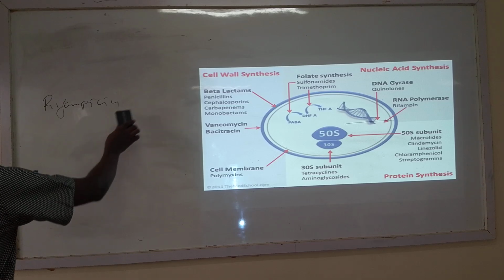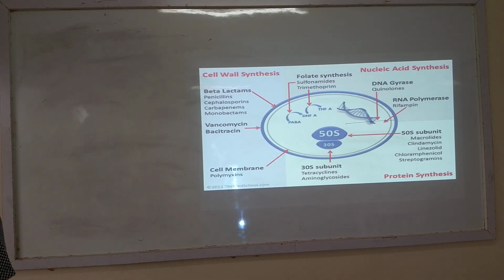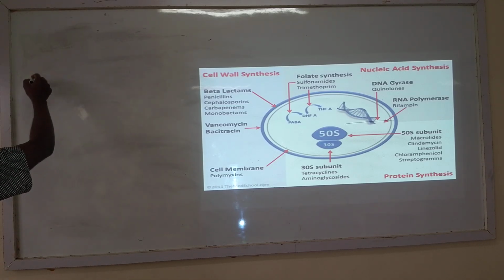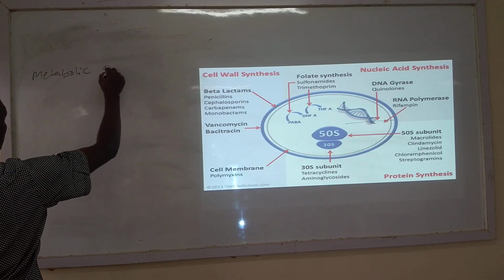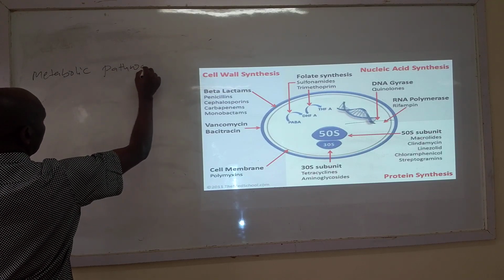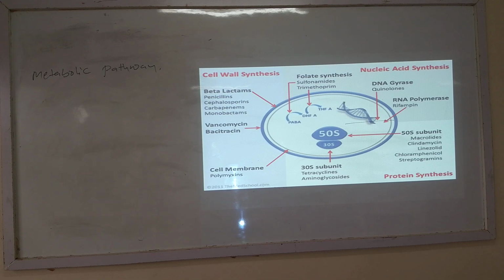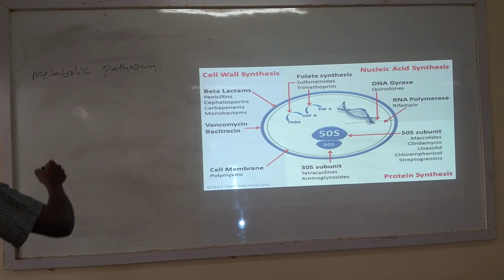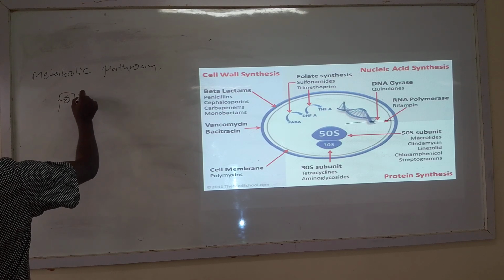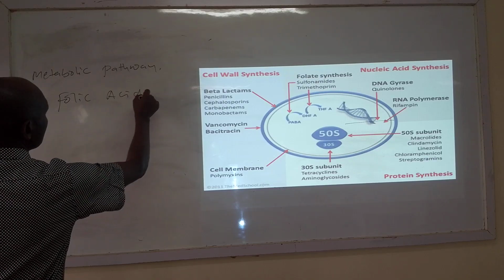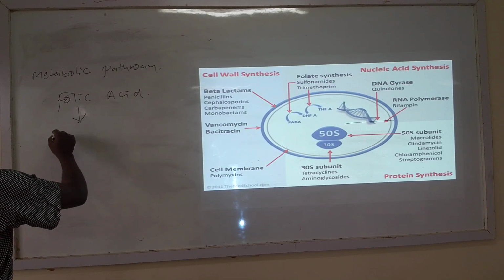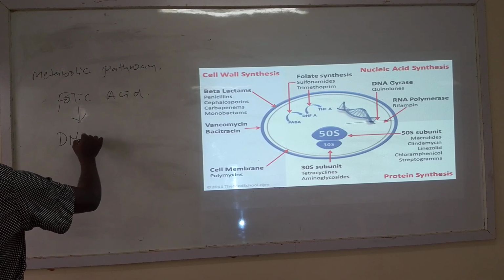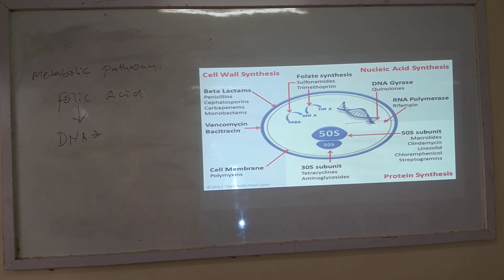Another category of antibiotics are those that interfere with the metabolic pathway of a bacteria. So bacteria synthesize folic acid, which they use in the manufacture of DNA, the nucleotides.